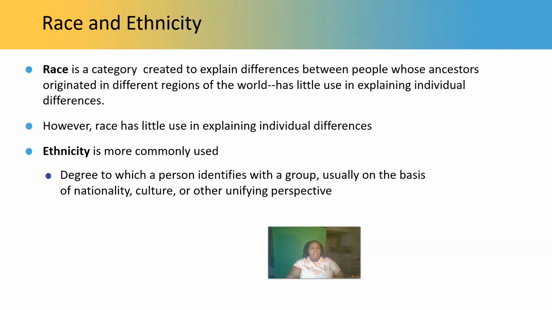For example, I have a friend whose cultural origins are from Haiti. She's a first generation American, and both her parents are from Haiti. So although we both identify as Black women and we fall into the same racial category, we have different ethnicities. She is Haitian American and I'm African American.